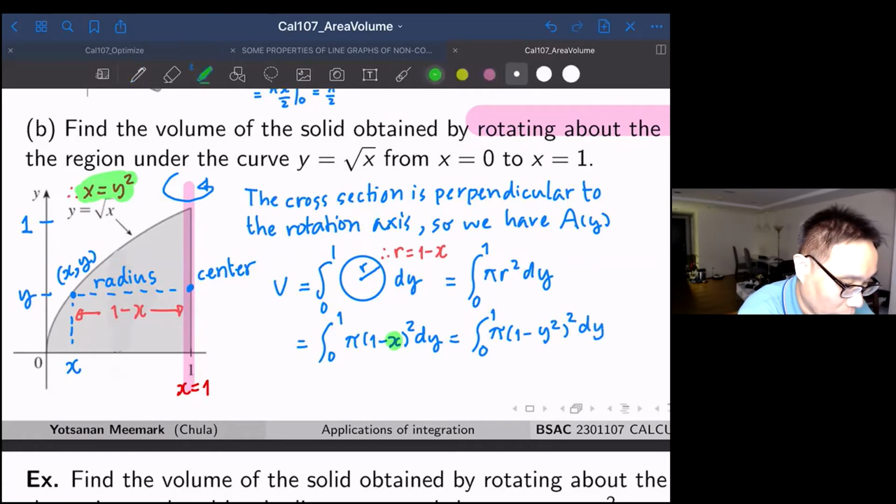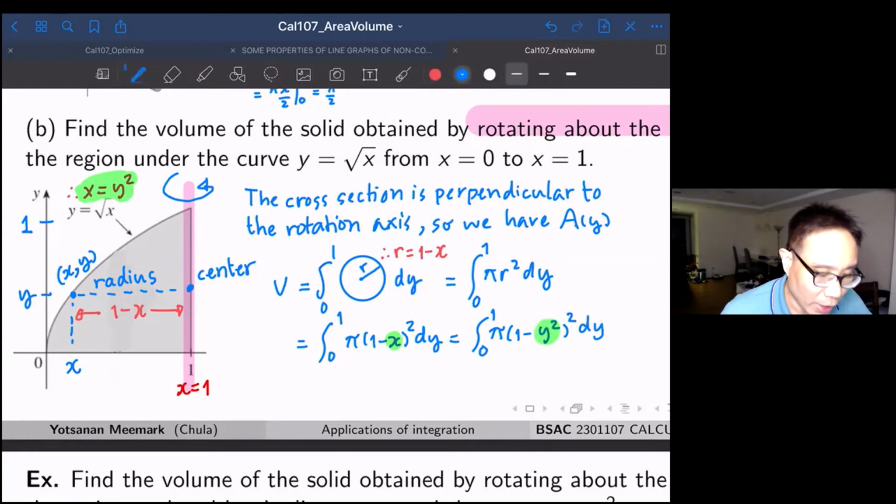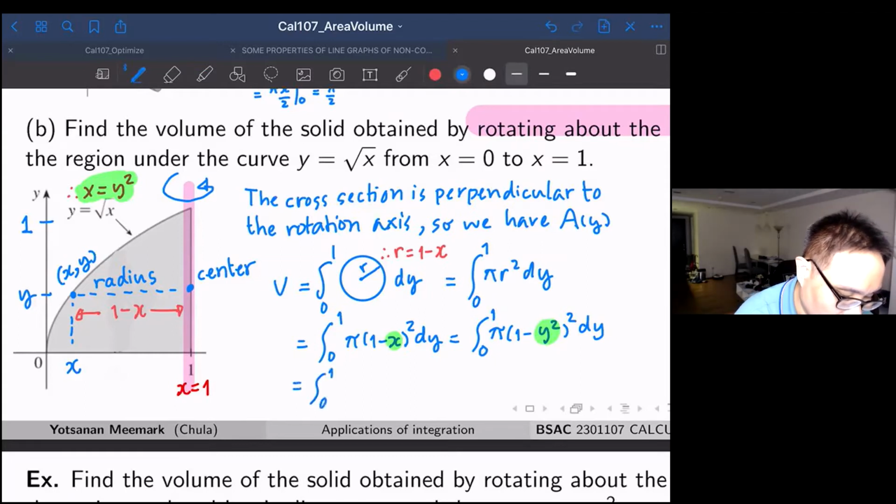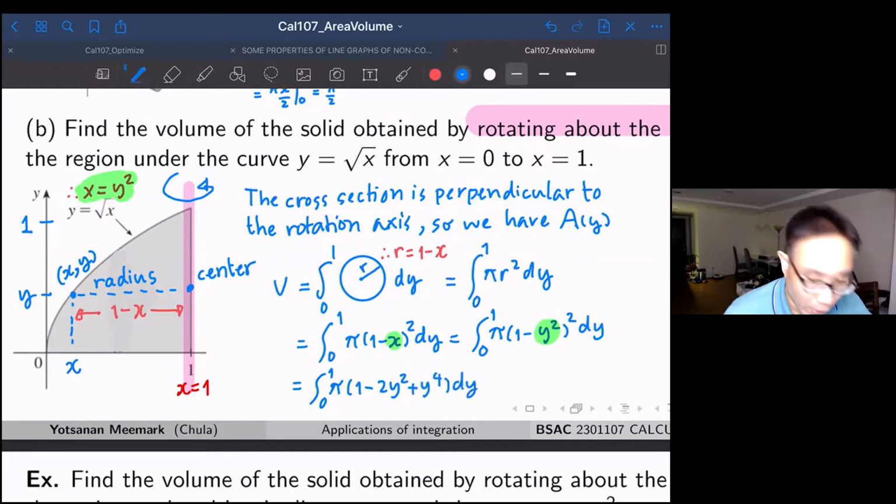Okay, so this is what you have here, and then you're gonna be able to just expand and find the integral. So you get pi, and 1 minus y squared, squared, is going to be 1 minus 2y squared plus y to the 4th dy.